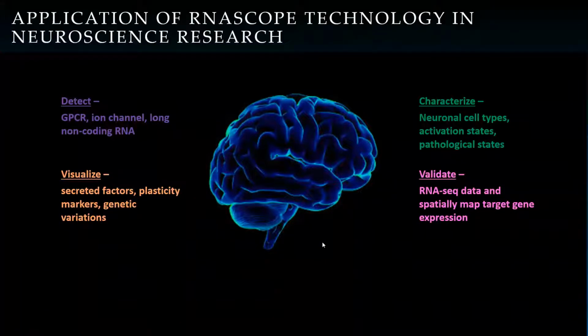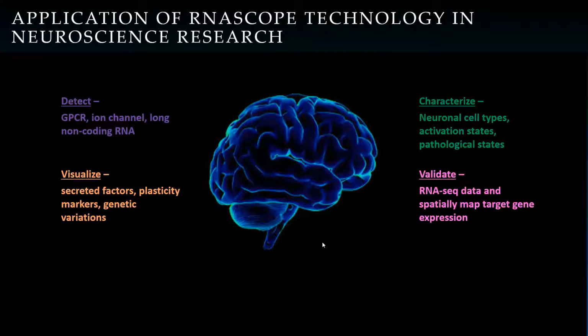Overall, our technology has been widely applied to look at targets such as GPCRs and ion channels in the brain, where you don't have a good specific antibody to use. Secondly, we have been extensively used to characterize different neuronal cell types by visualizing co-expression of targets and studying their activation states.